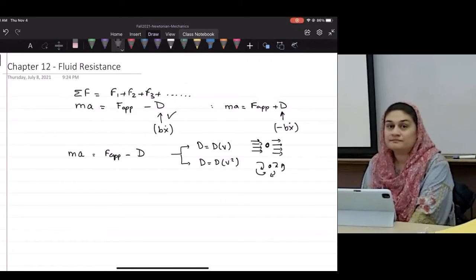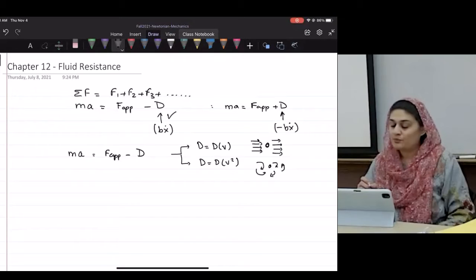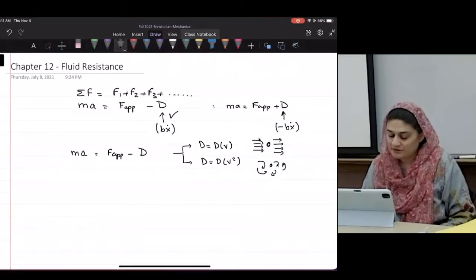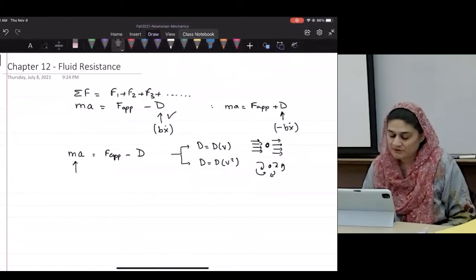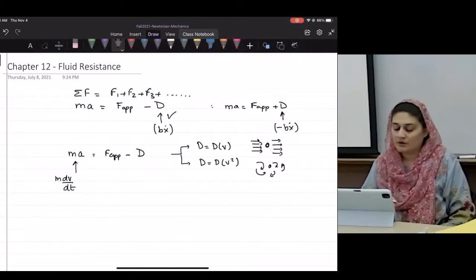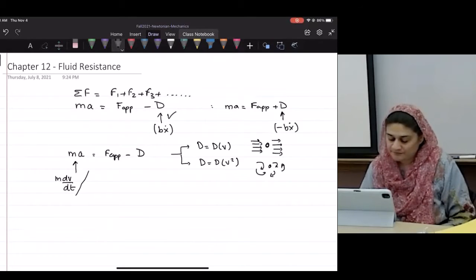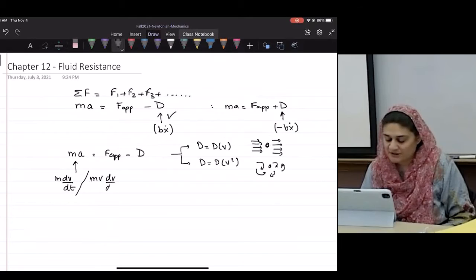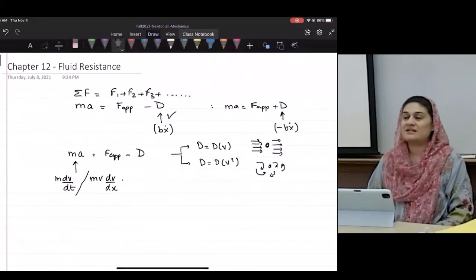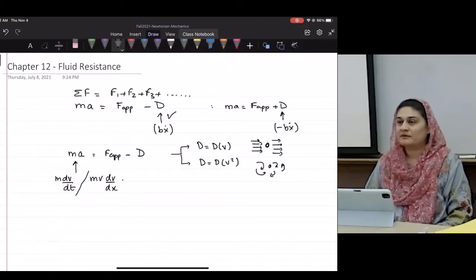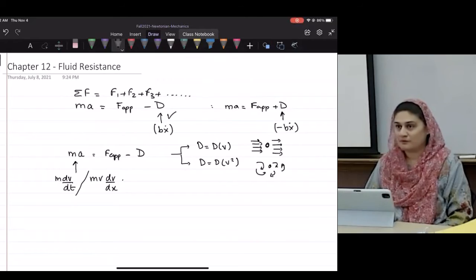Okay? So this side of that equation can either be m dv over dt, or sometimes you will see it as m dv over dx. Do we all understand how that works? Yes? We've seen these before.